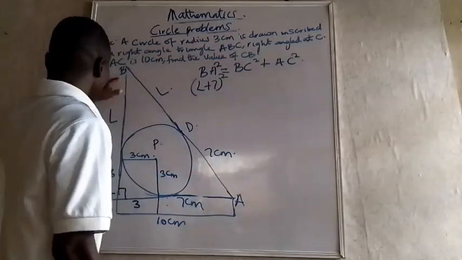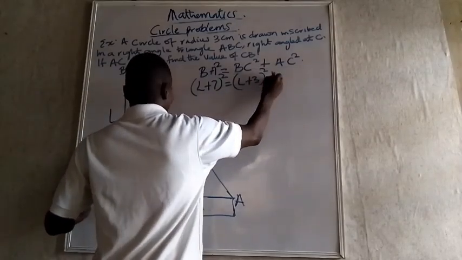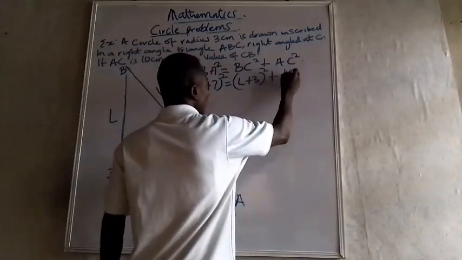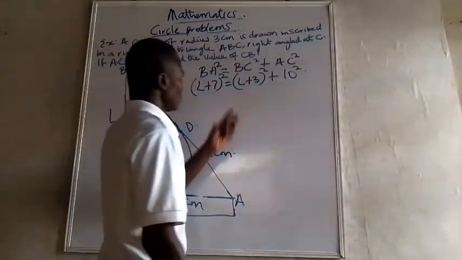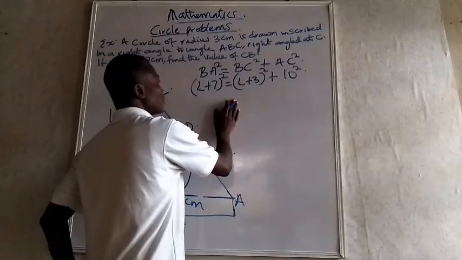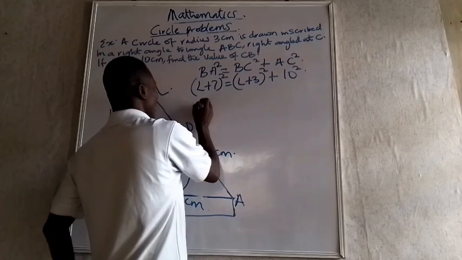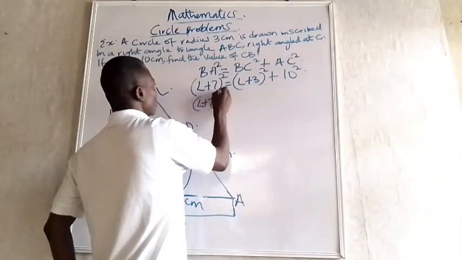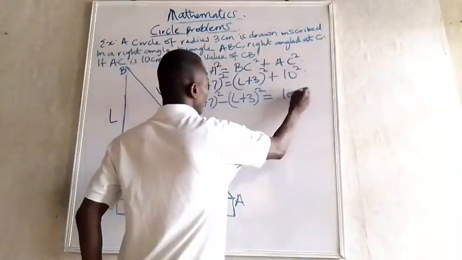What is BC? L plus 3. What is AC? 10. Now, we have been able to bring out some values. So let's gather the like terms. So I can now see L plus 7 squared minus L plus 3 squared will be equal to 100.